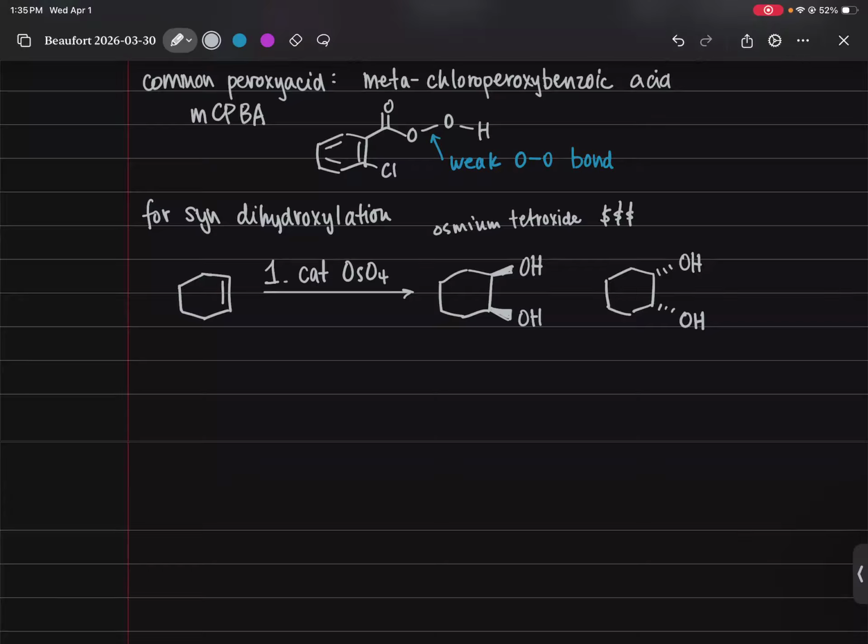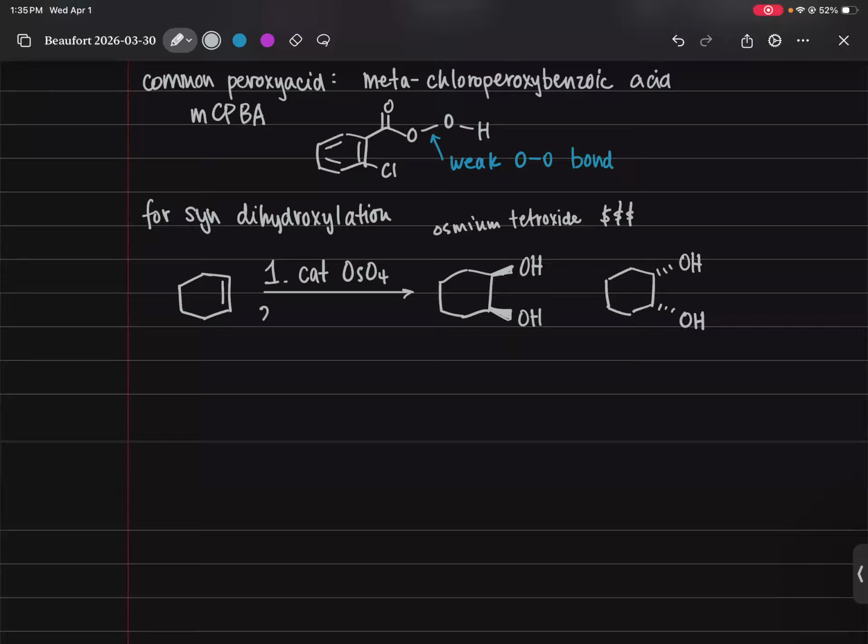Osmium, being a platinum group metal, is really expensive. It might be just about the most expensive platinum group metal, so it's more expensive than gold. And osmium tetroxide itself is really toxic. It's a solid at room temperature, but it's volatile, so in that way it behaves like a gas because it evaporates really easily, and so you breathe it in and you get heavy metal poisoning and such.